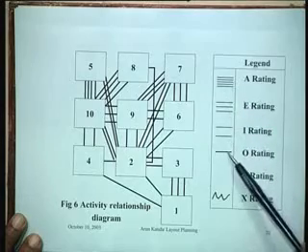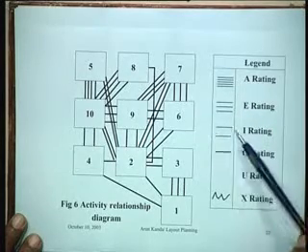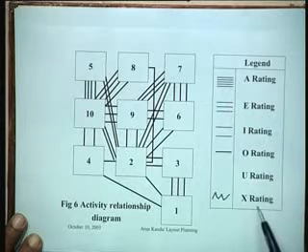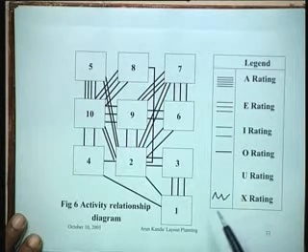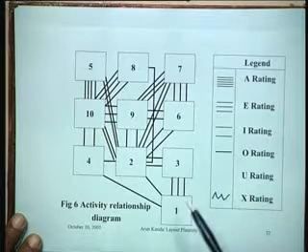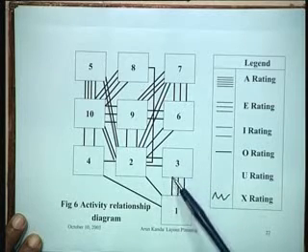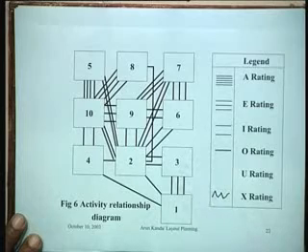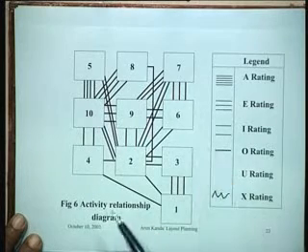Say it should be 1 line here, 2 lines here, 3 lines here and 4 lines here, let's say. And U is no relationship, and X rating could be a wavy diagram. So what will happen is, for instance, between 1 and 3 there are 3 lines. It means that there is an E rating between 1 and 3, and similarly for the others.